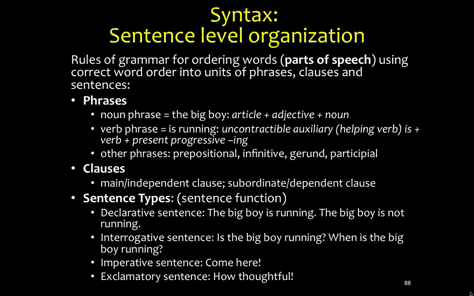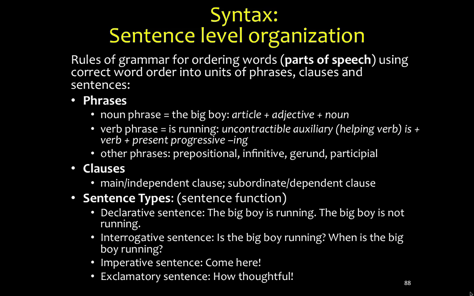Let's take a look at the verb phrase is running and know that it's created by the correct ordering of the uncontractable auxiliary helping verb is plus the verb root run plus the present progressive grammatical morpheme ing for a grammatical verb phrase is running.